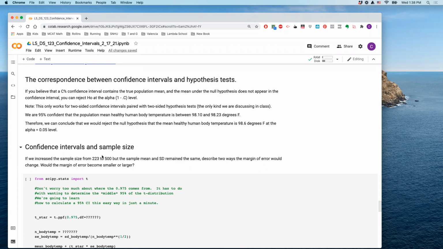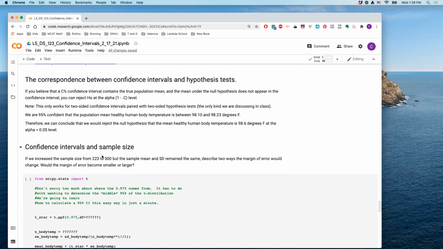So, thinking about the temperature example, my null hypothesis was that the mean human body temperature is 98.6 degrees. So I want to evaluate, is 98.6 degrees a good guess about the normal human body temperature or a bad guess? If it's a good guess, I'm going to fail to reject the null hypothesis. If it's a bad guess, I'm going to reject the null hypothesis.